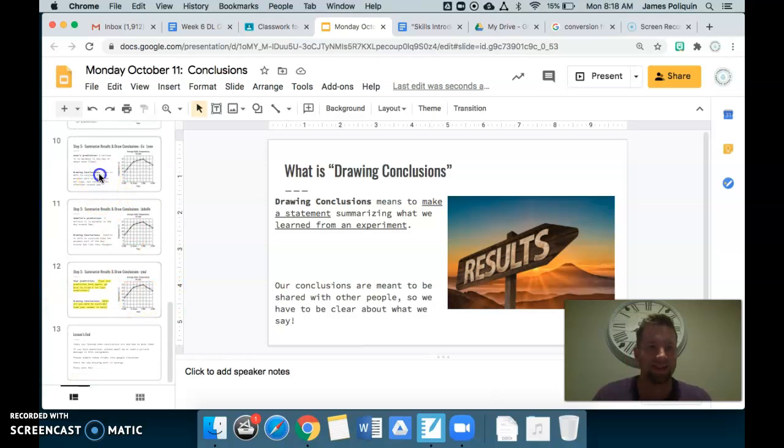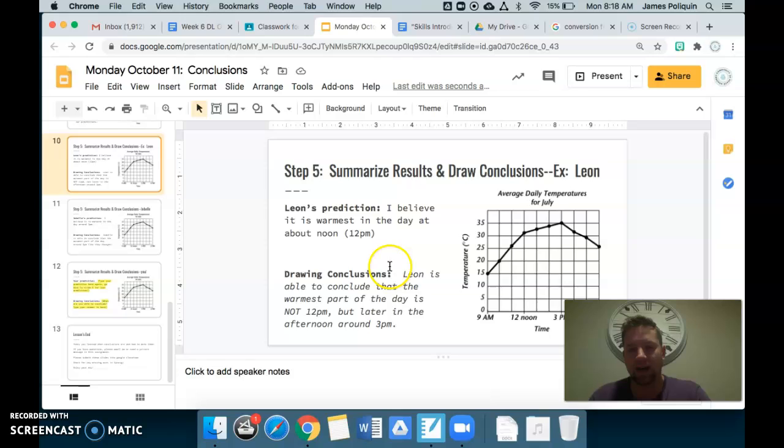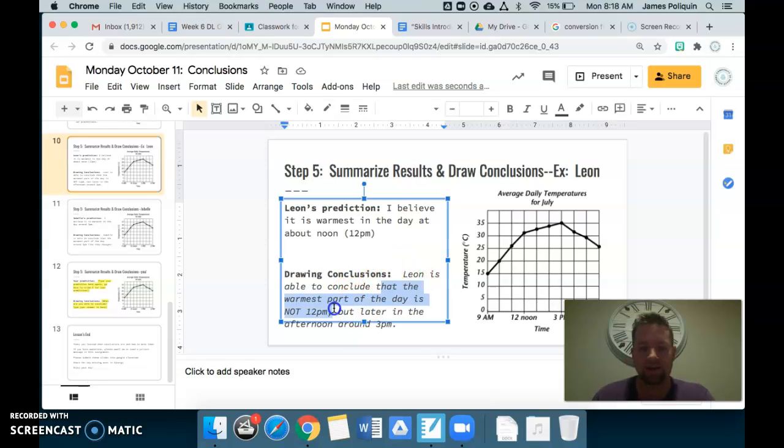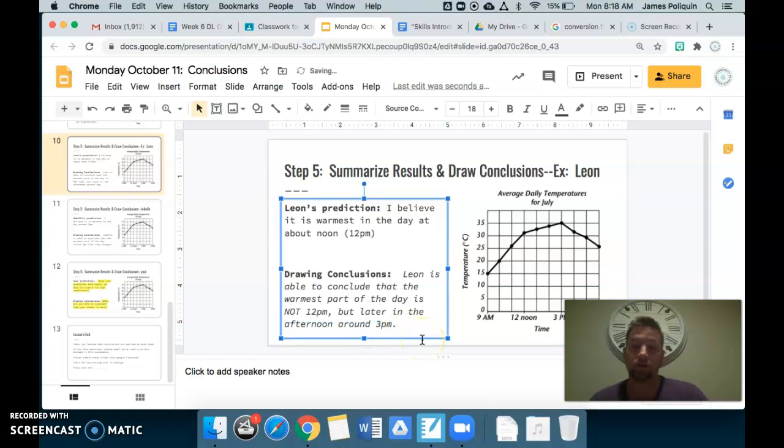So what did Leon learn? Leon is able to conclude that the warmest part of the day is not at noon like he thought, but it is actually later in the day around 3 p.m. That conclusion is wonderful. It states what happened in the experiment, states our data, states what he learned. He thought it was noon, but no, the data shows us that it's hottest at 3.